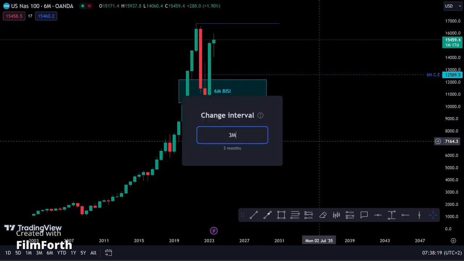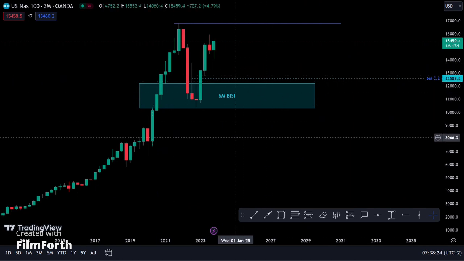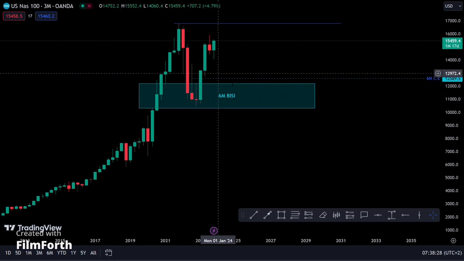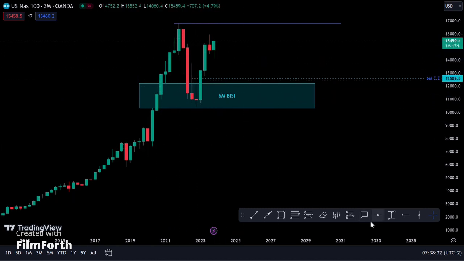Let's go to the 3-month chart. On our 3-month chart, it's a different type of thing. We can have a consequent encroachment for this candle.